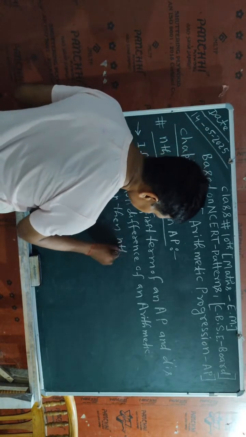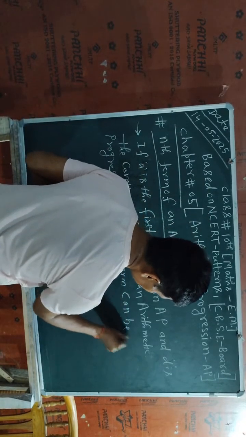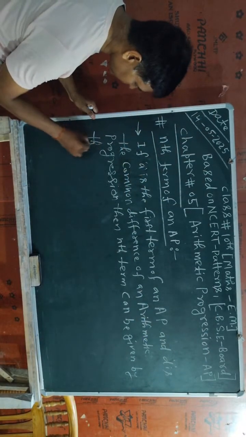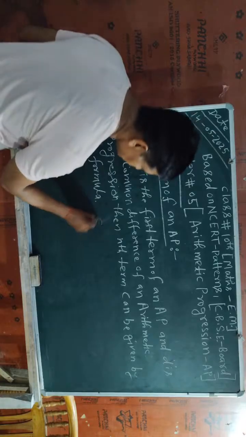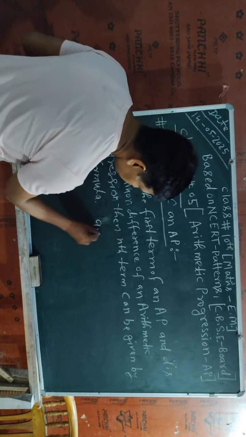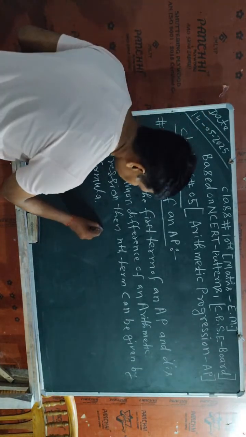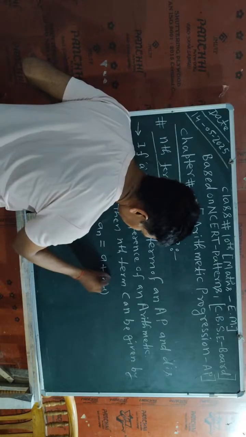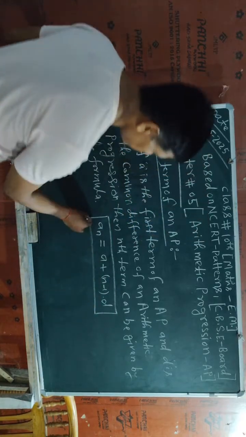The nth term is written as an, which is equal to a plus (n minus 1) into d.